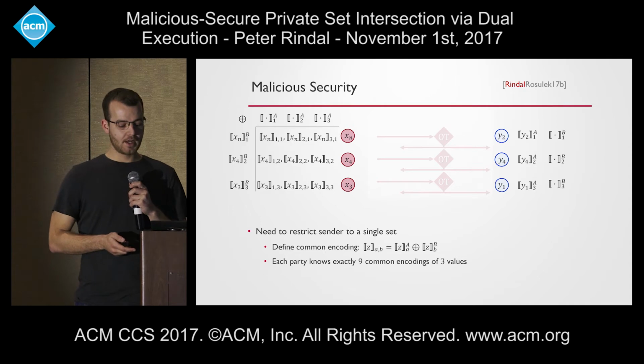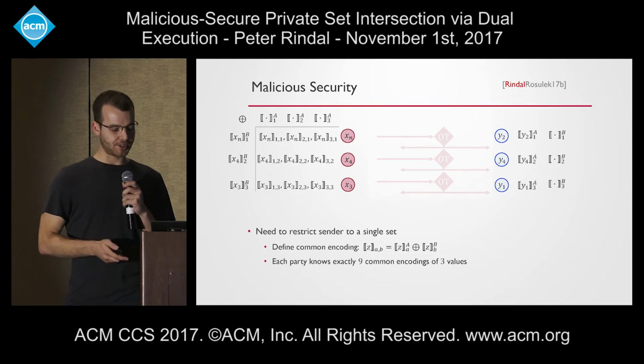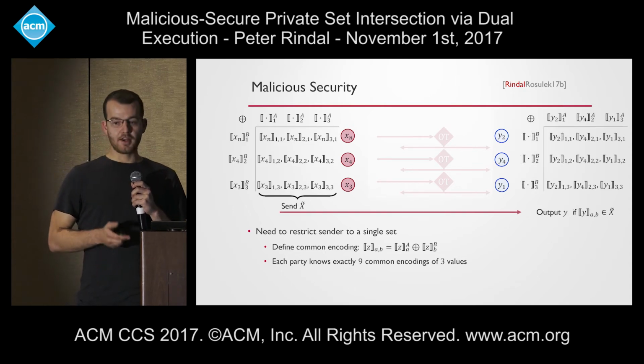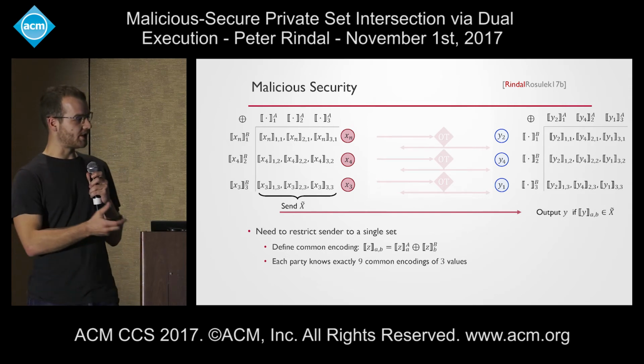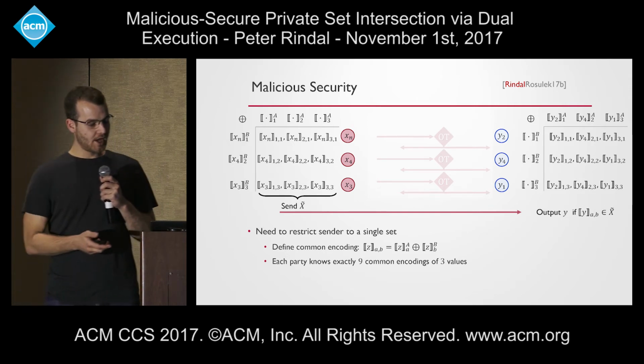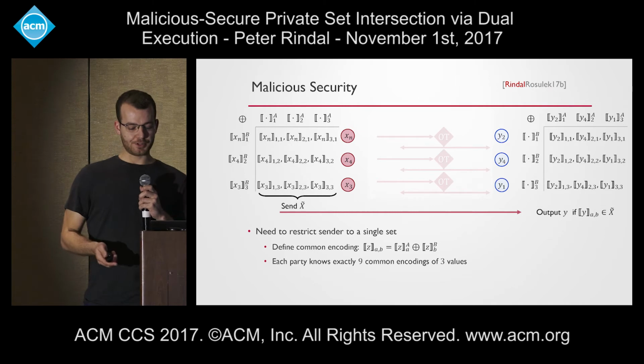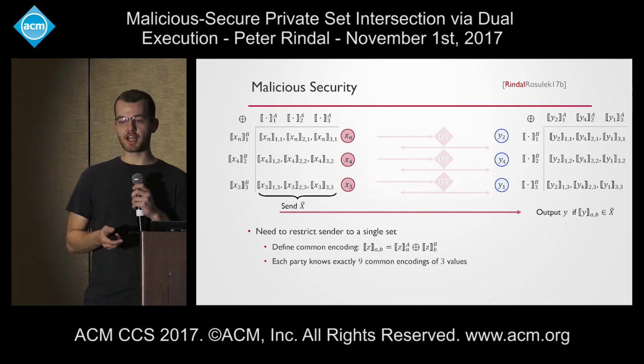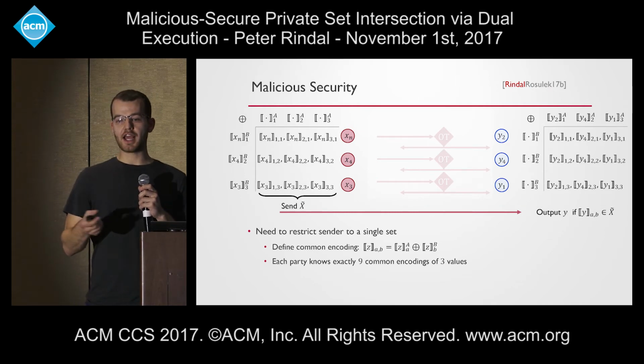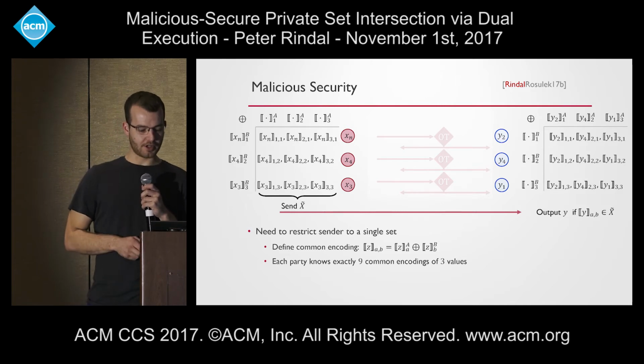And likewise, the receiver can do the same operation. Now to complete the protocol, the sender takes all their common encodings and sends them over to the receiver. The receiver simply checks whether for each of their y's, they have a corresponding encoding which matches one of the x tilde encodings.